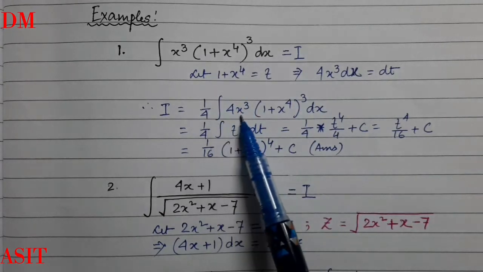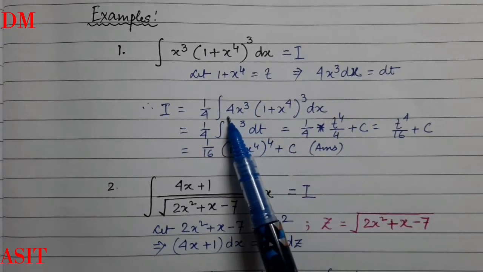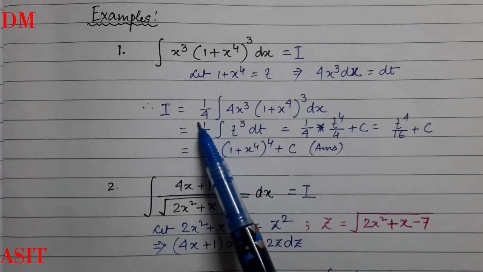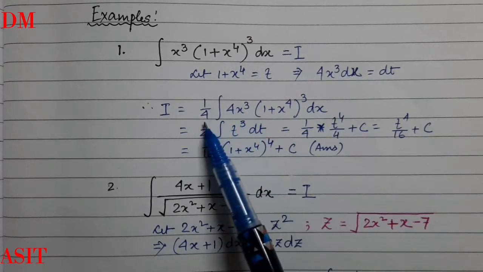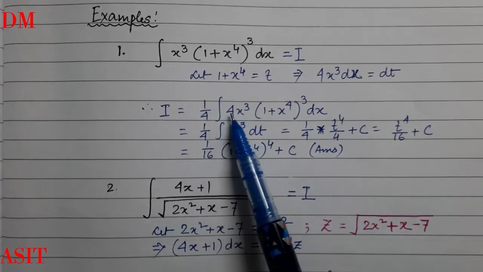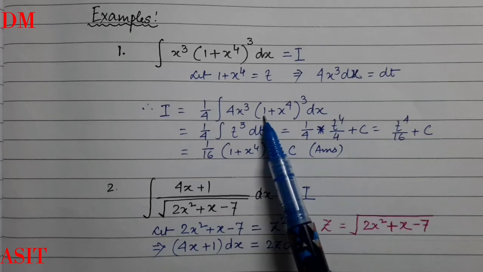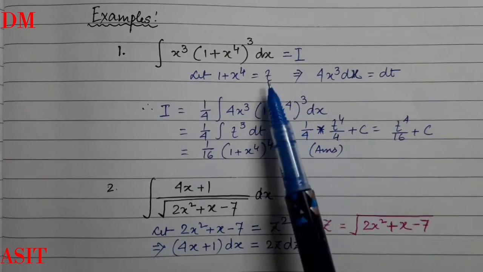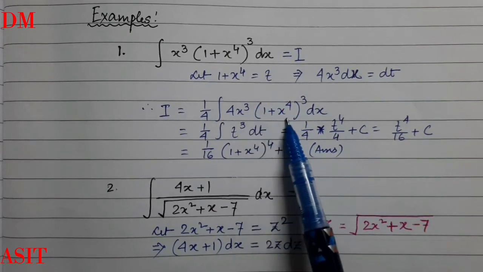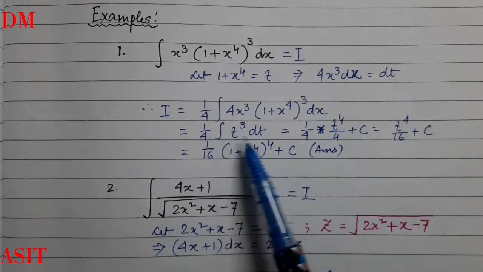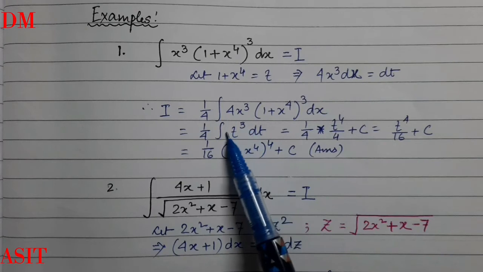That is why we multiply by 4 and divide by 4. So 4x cube dx will become dt, and 1 plus x to the power 4 is considered as t. Then there is a whole cube, so t cube dt.